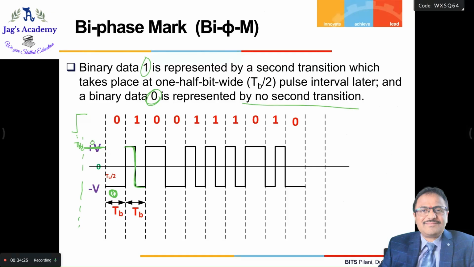So if the next pulse is 0, it won't become like this; it will become only this transition. The previous bit can also be like this. Anyway, there's a transition here; every bit change will have a transition.